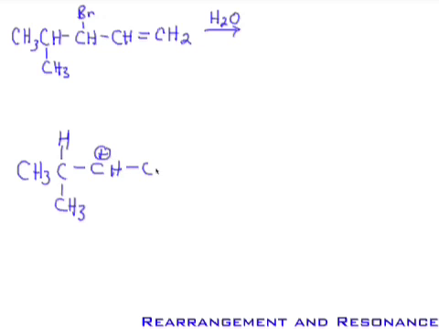Do I do a 1,2 shift? This is a secondary carbocation, just like the alkyl halide. If I shift this H right here, over to here, I'll get a tertiary carbocation. Does that happen? Well, the answer is no, because this carbocation is not just secondary, it's allylic. I can resonance stabilize that positive charge.